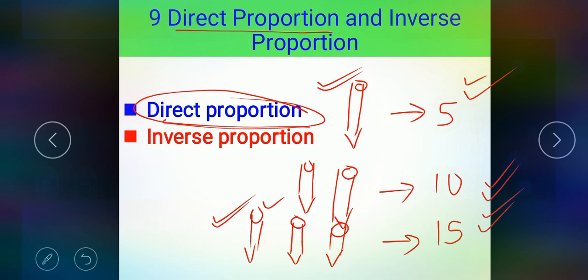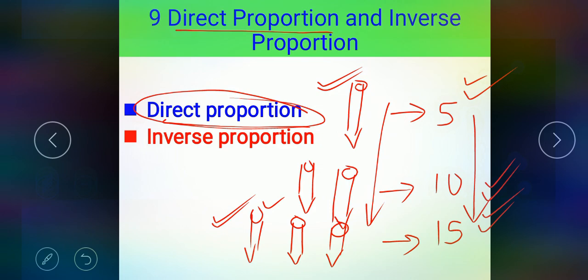If one increases, the other also increases. Such a relationship is called direct proportion, students.